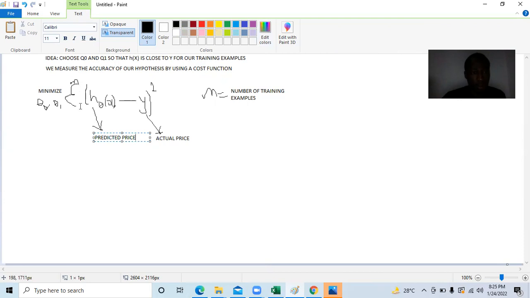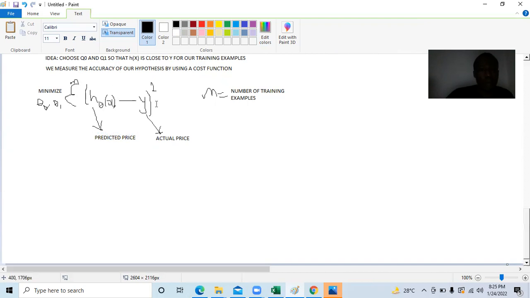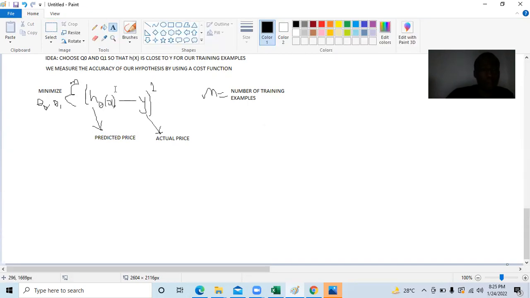And yes, this is the sum over training examples. All we are doing here, like I've explained, is to minimize the error between the predicted price, or the predicted output, and the actual output. So here is what our final formula would look like.